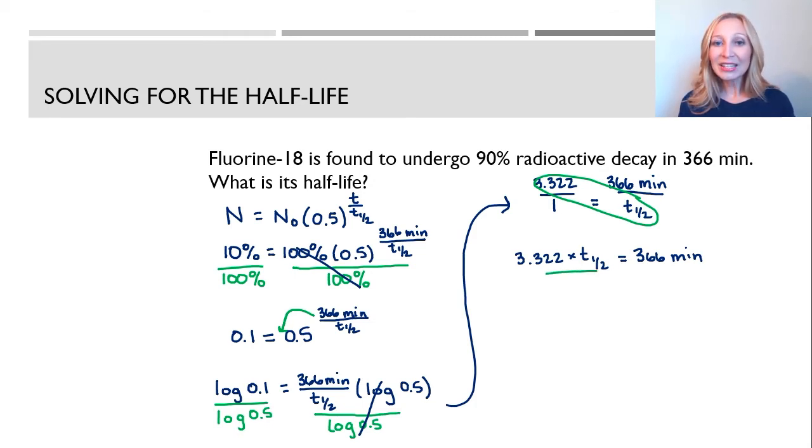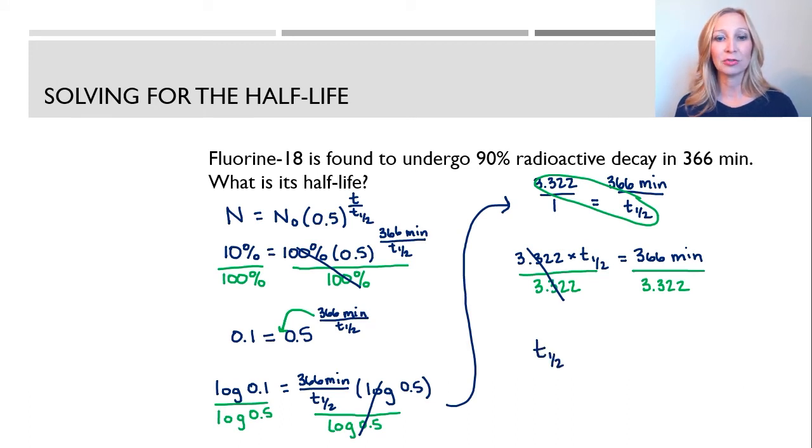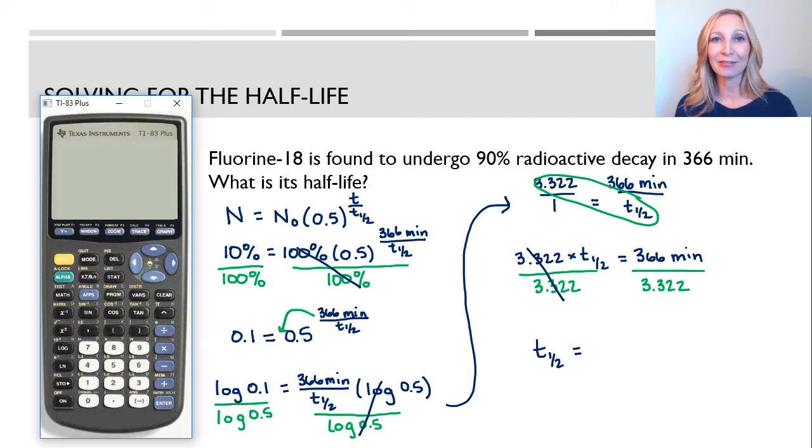So now everything is all flat and there are no fractions involved. I can divide both sides by 3.322, and that will allow me to cancel out the 3.322 on the left-hand side. So I take 366 divided by 3.322 to get my T1/2, or my half-life for this problem.